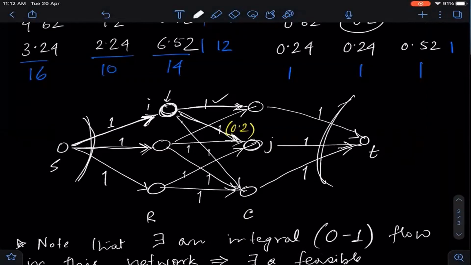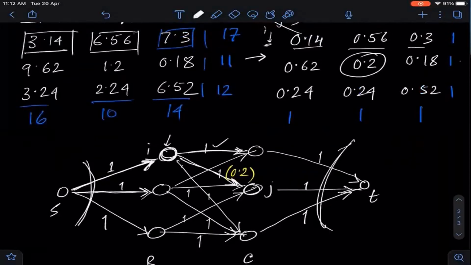Okay, so given this matrix, you can always construct a feasible flow here by assigning the corresponding fractions to the edge ij. ijth entry agar 0.2 hai, so the edge ij can be made to carry a flow of 0.2. So there exists a fractional flow. Now, if there exists a fractional flow, then we know by Ford-Fulkerson there should also exist an integral flow of the same value.